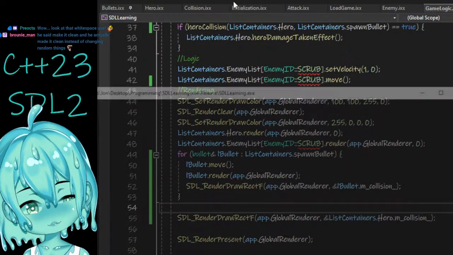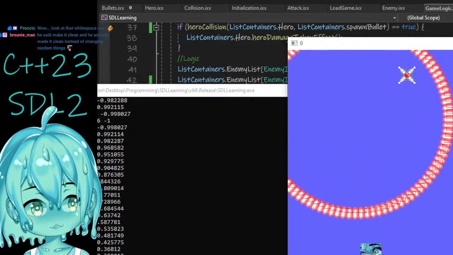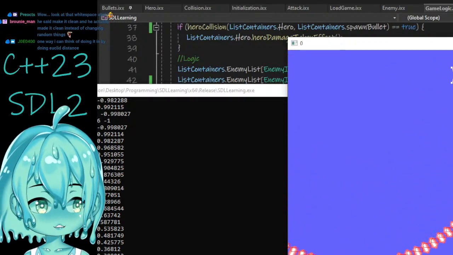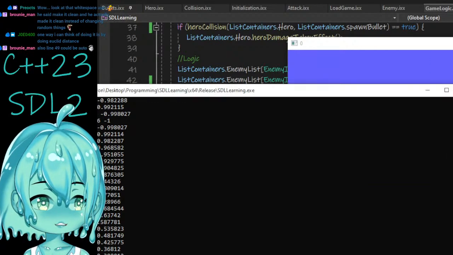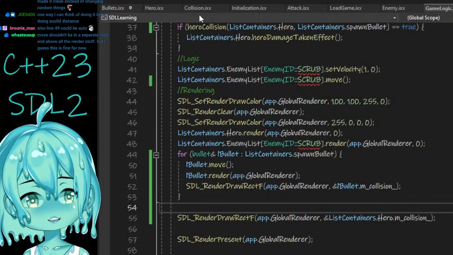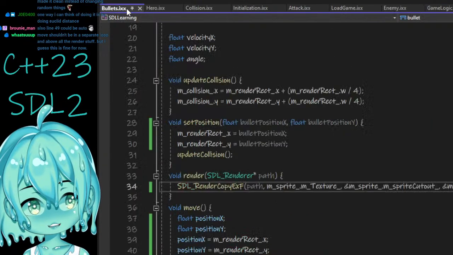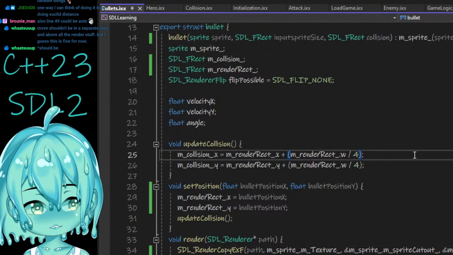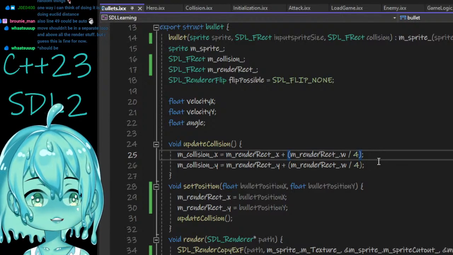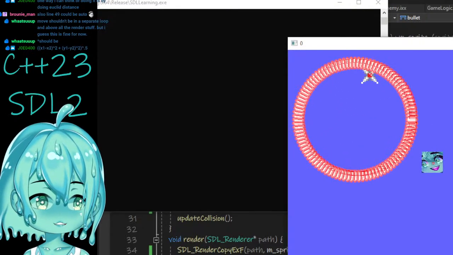So now we have hitboxes, but they're not rotated. They need to be rotated, though. I mean, to be fair, they're not really matching on the bullet necessarily either. The X and Y value actually needs to change on that. It's width divided by 4 on both ends for the X and Y value, because I don't want it to be at the same starting point.